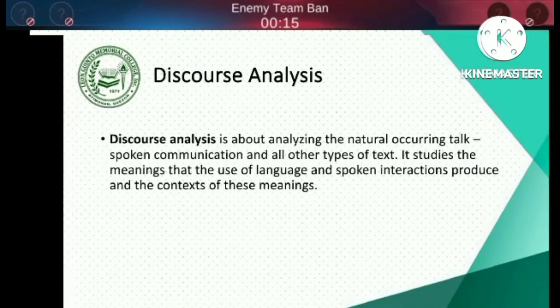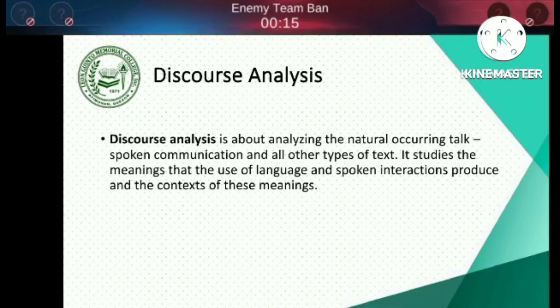Then now, let's proceed to the next topic. It's all about discourse analysis. Discourse analysis is all about analyzing naturally occurring talk, spoken communication, and all other types of text. It studies the meaning that the use of language and spoken interpretation produce in the context of this meaning.